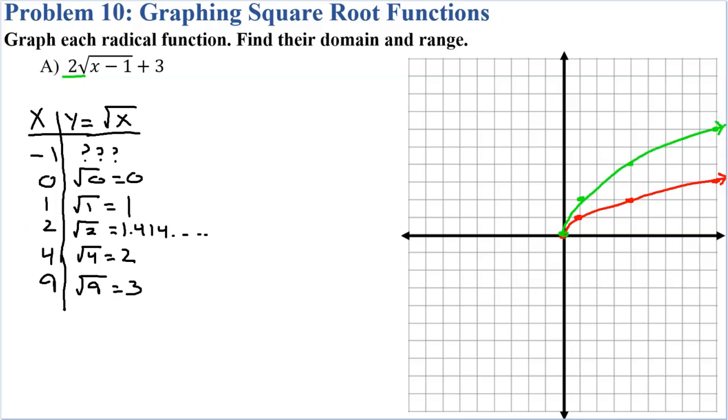If we're keeping track of things here, in red, I have just square root x. And in green, we have 2 square root x.